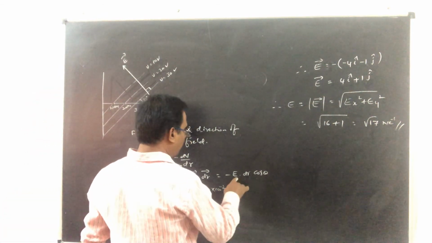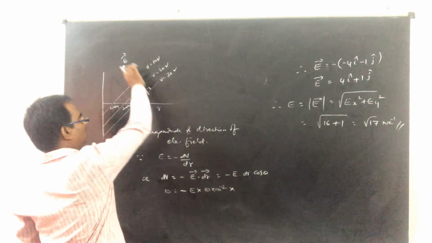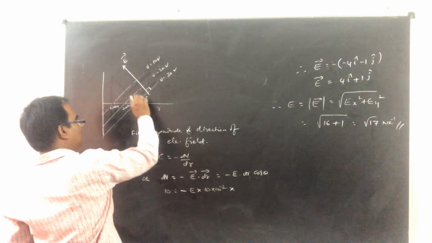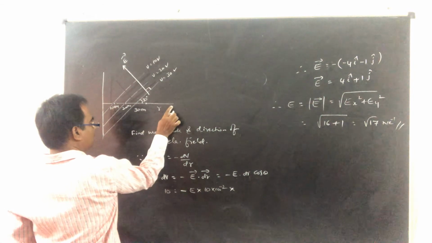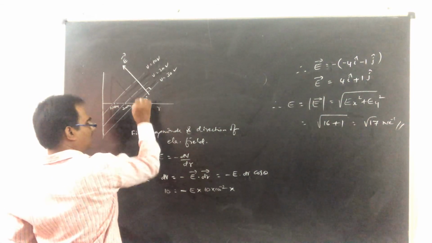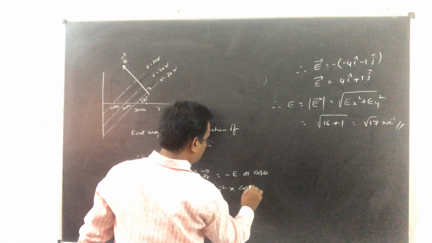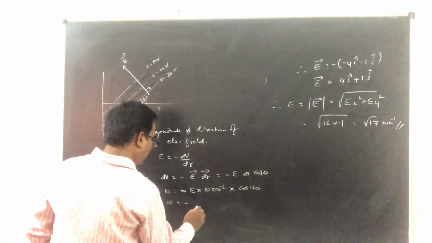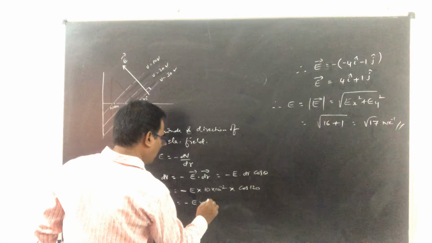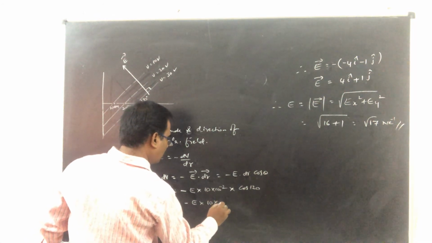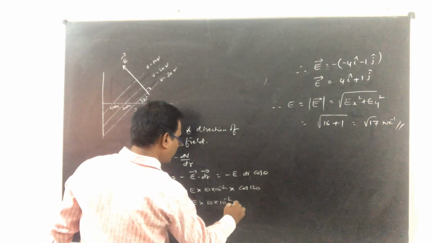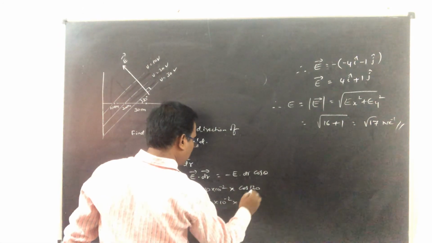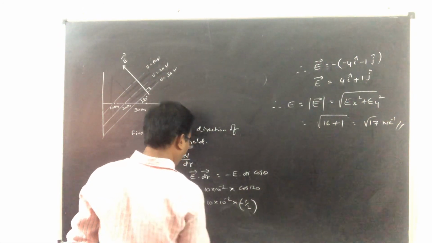Cos of the angle between E and dr. E is in this direction, dr is in this direction. So this total angle is 120 degree. So this will become cos 120. So this 10 is equal to minus E into 10 to the power of minus 2, and this cos 120 is minus half.